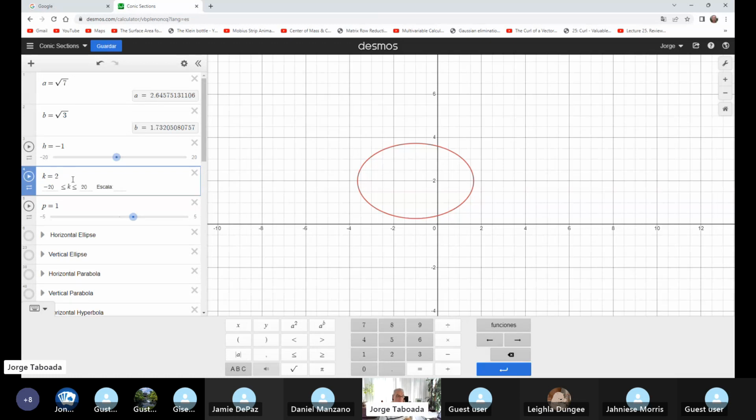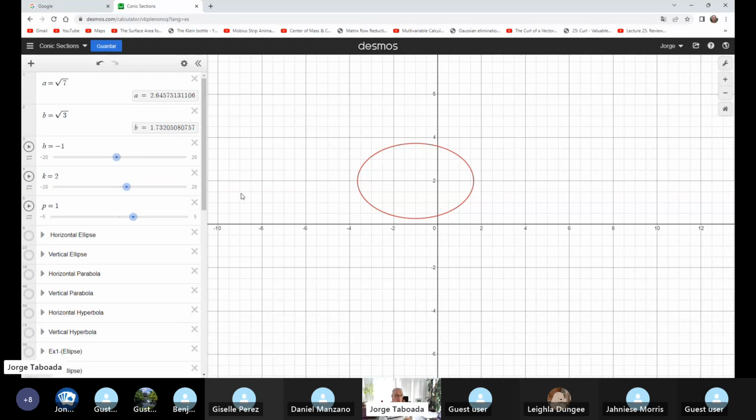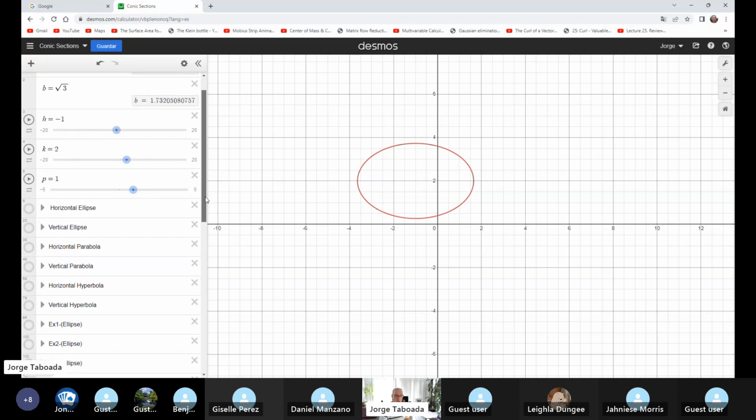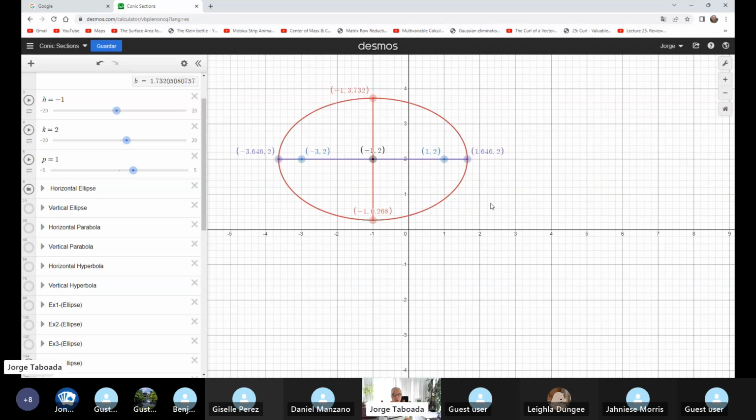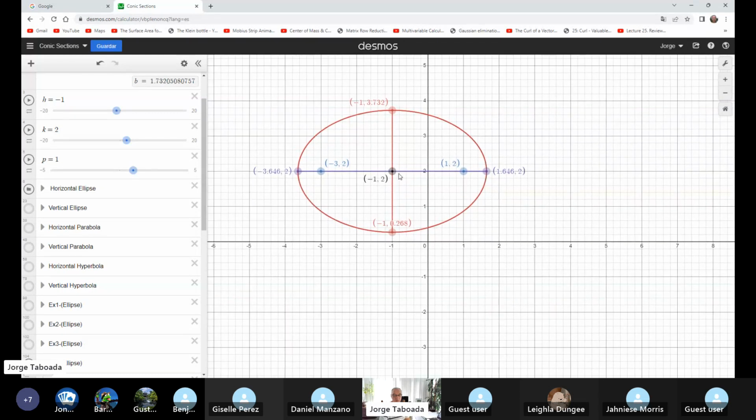Super. And you know very well that this belongs to the horizontal ellipse. Bang! One more time, look at that. The center is (-1, 2).